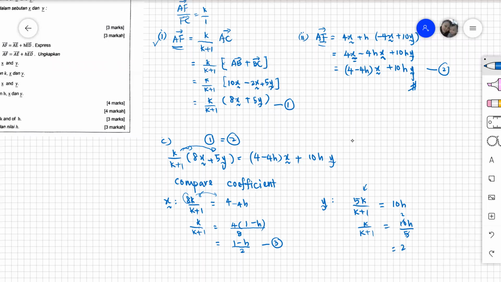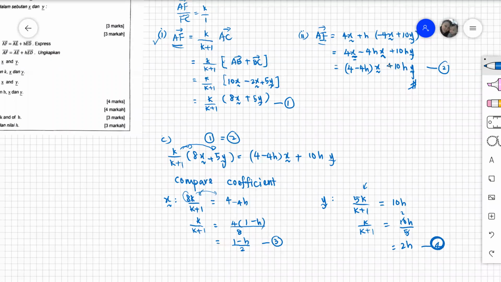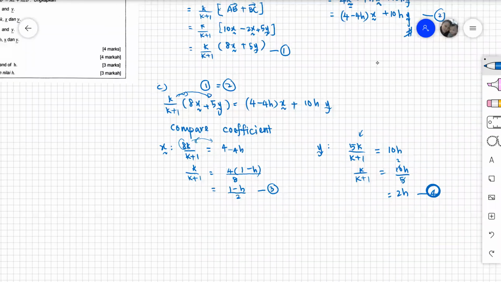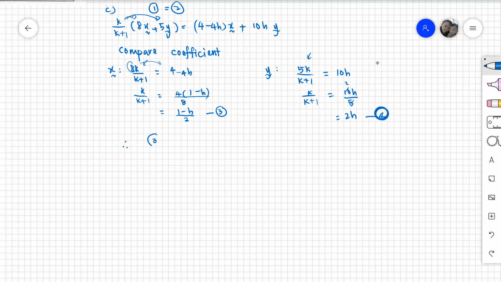So let's call this equation 4. Okay, both are equivalent to k over k plus 1. Therefore, equation 3 equals equation 4. So 1 minus h over 2 equals 2h. So 1 minus h equals 4h. So 1 equals 5h. Therefore, h equals 1 over 5.